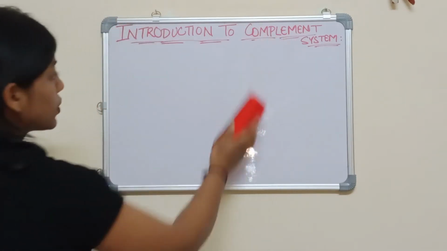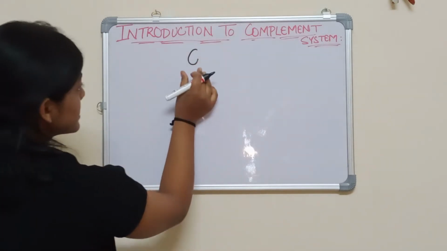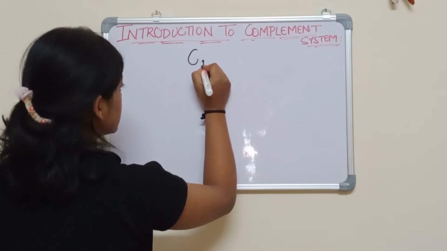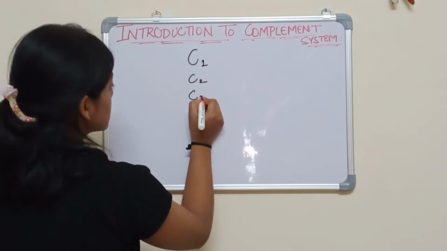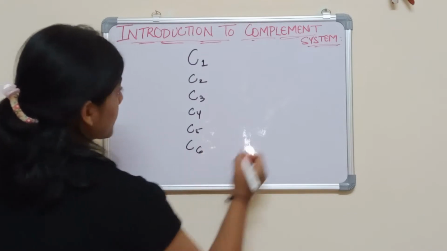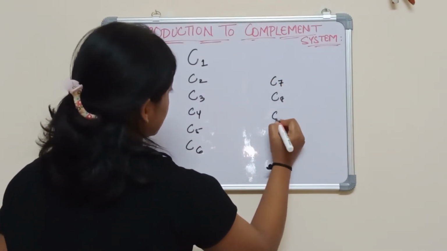The complement proteins are denoted by capital C. C stands for complement protein. Now there are proteins like C1, C2, C3, C4, C5, C6, C7, C8 and C9.